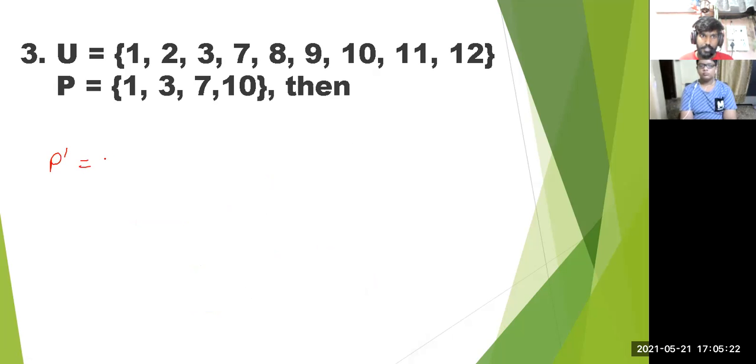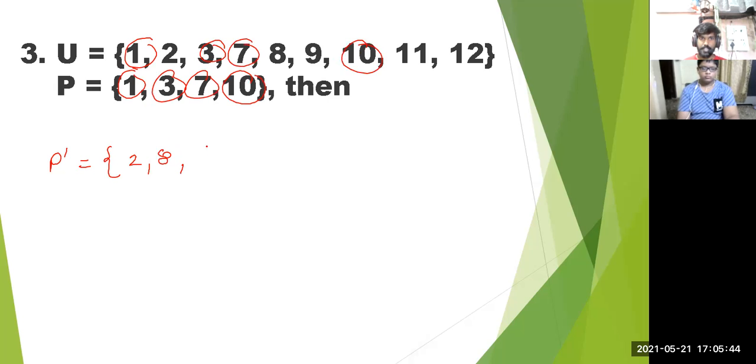Can you tell me what is P complement? 2, 8, 9, and just circle it so that you may easily identify. 10, 11, and 12. So this is P complement.